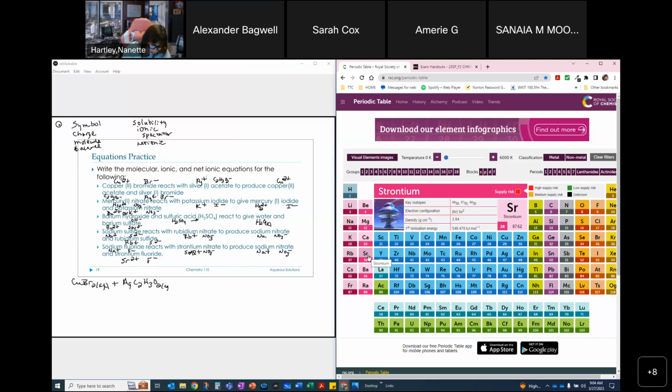That's aqueous as well. That's going to give me a copper acetate. So it's a Cu(C2H3O2)2. Since it's a 1- and a 2+, I have to have 2 of those acetates, and a silver 1 bromide. So it's an AgBr. And notice I haven't written the phase on either of these.